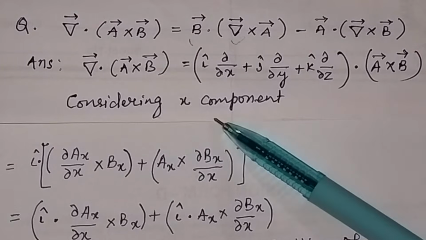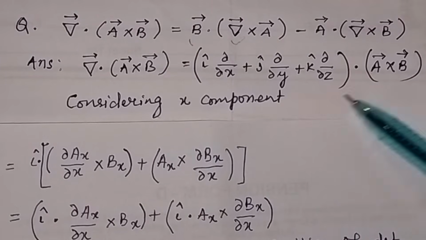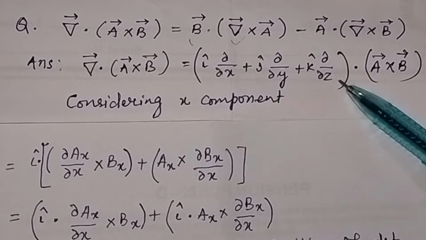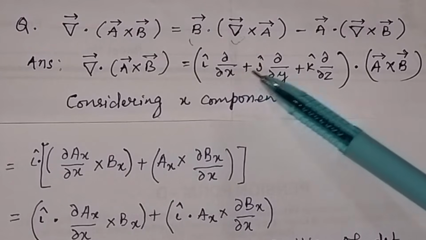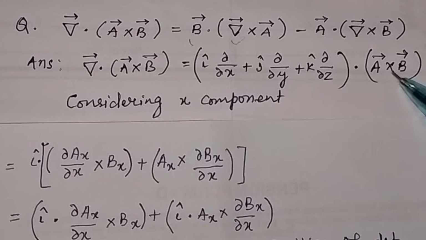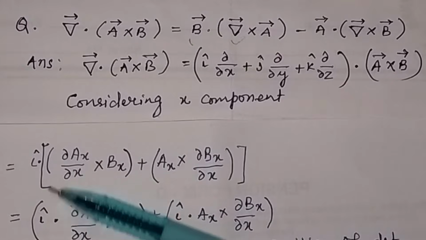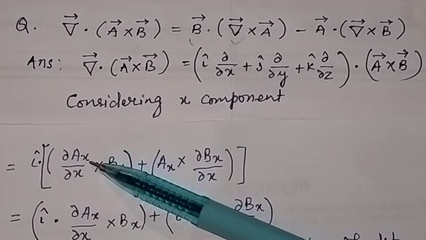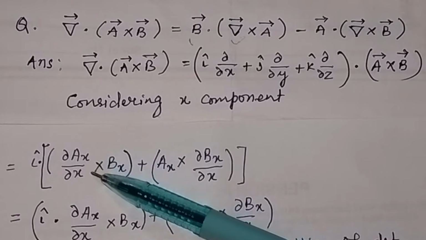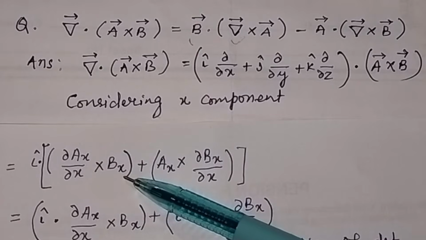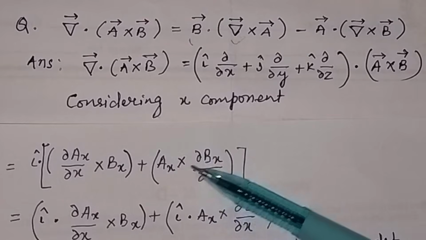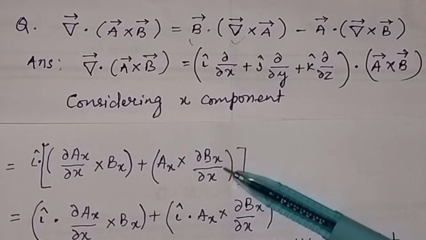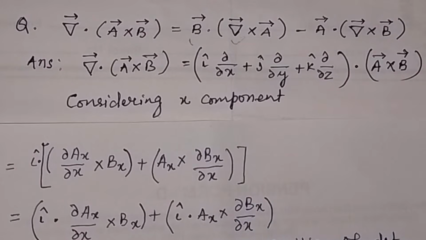If you take the x component, then the dot product of i cap partial derivative with respect to x with these two vector fields will be equal to i cap dot partial derivative of Ax with respect to x cross Bx, plus Ax cross partial derivative of Bx with respect to x.